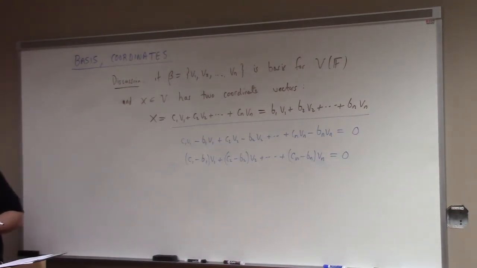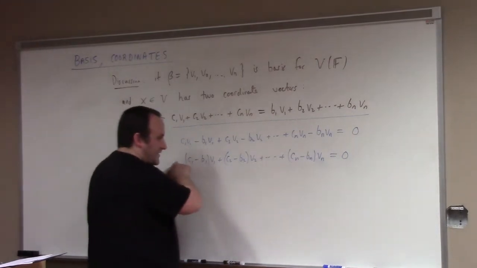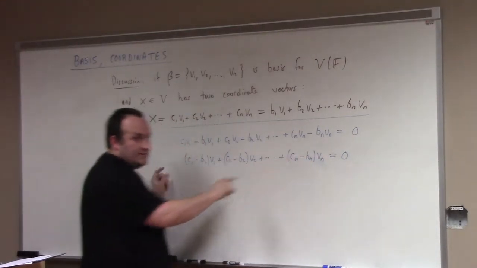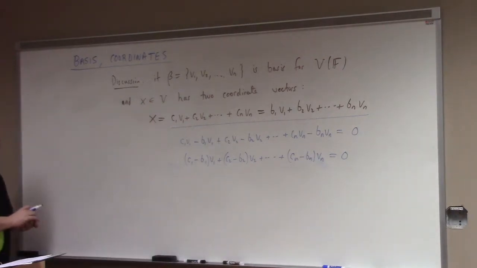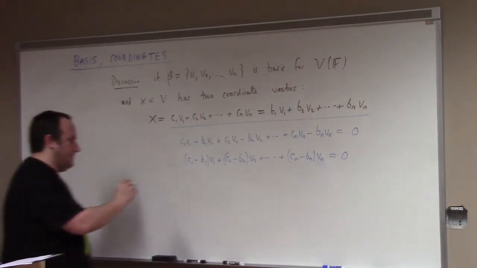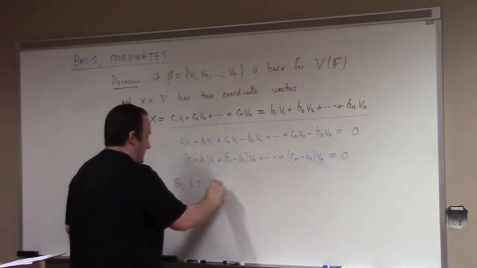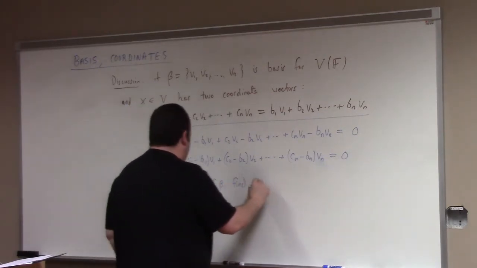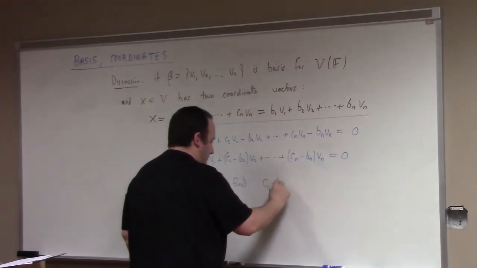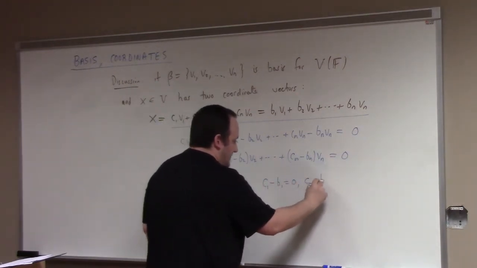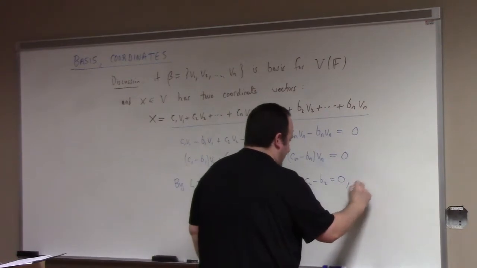But what did we assume? This basis is a basis. It is linearly independent. We have set a linear combination equal to 0. By linear independence, the coefficients must all be what? Yeah, they must all be 0 separately. So c1 minus b1 equal to 0, c2 minus b2 equal to 0, and on down the line, right?